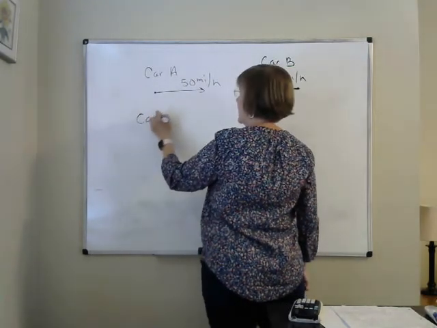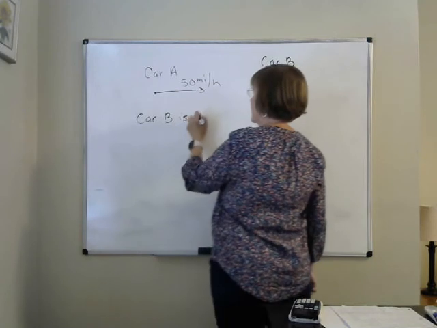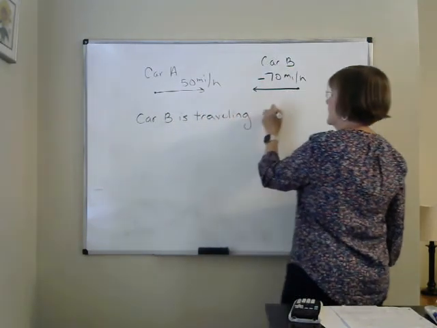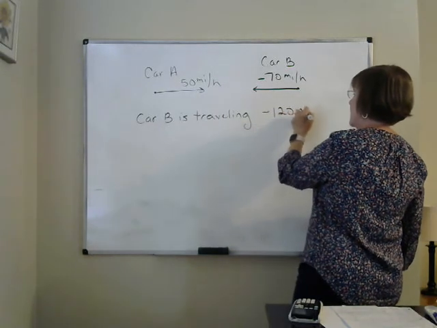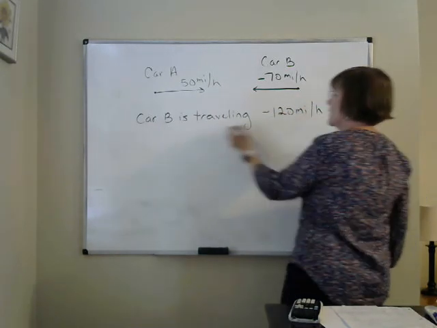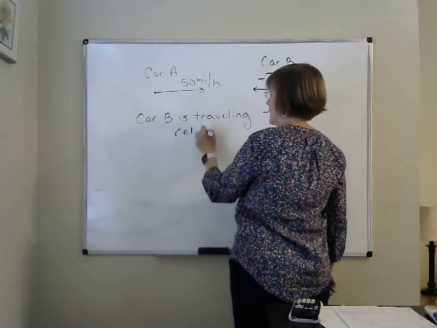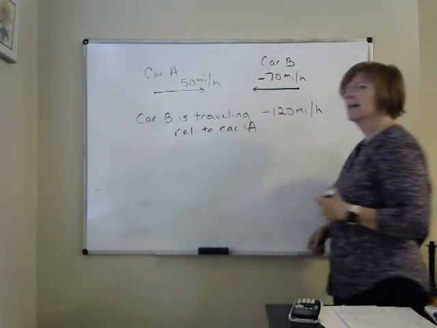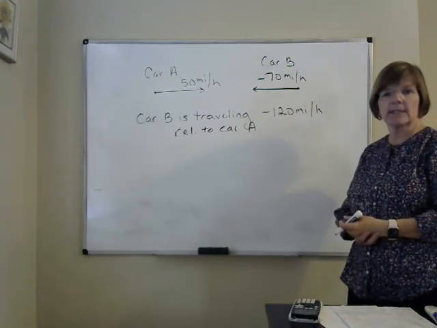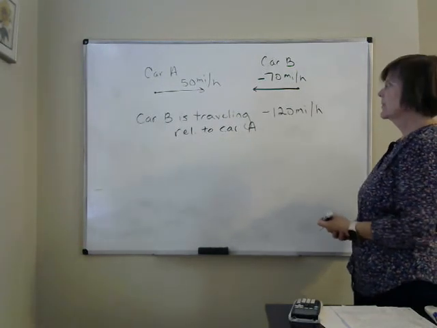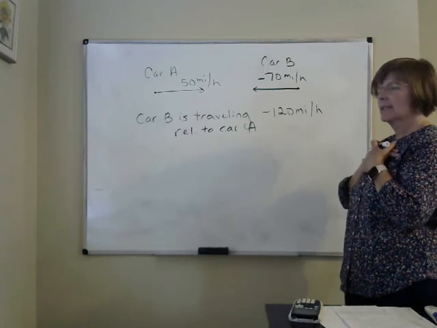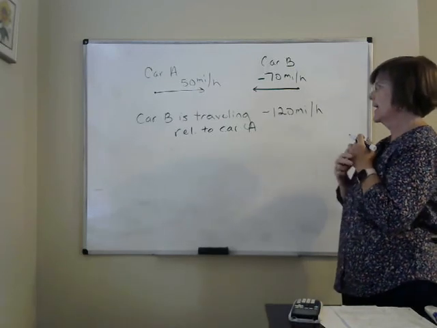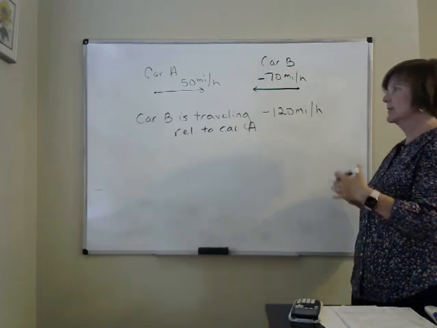Car B is traveling negative 120 miles per hour relative to car A. In other words, anytime you have a speed, it's relative to something, usually the Earth. But if car A says, no, I'm stationary, I'm my frame of reference, then car B is actually coming at me at 120 miles per hour.